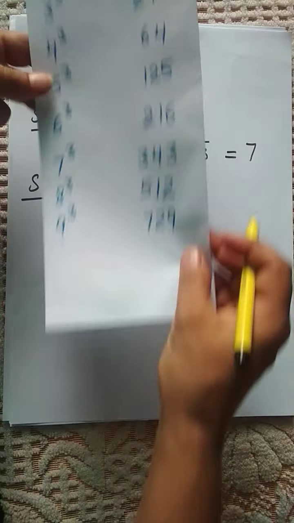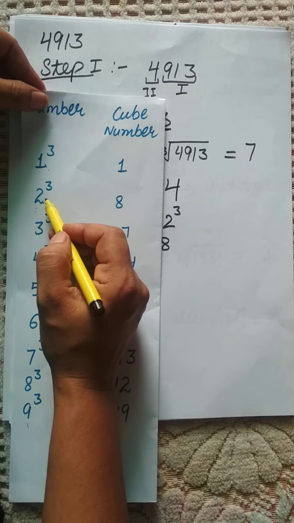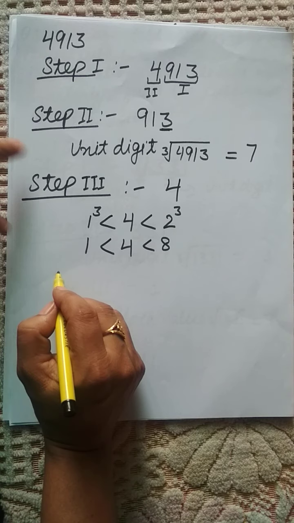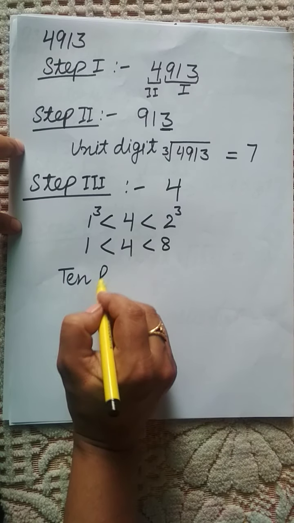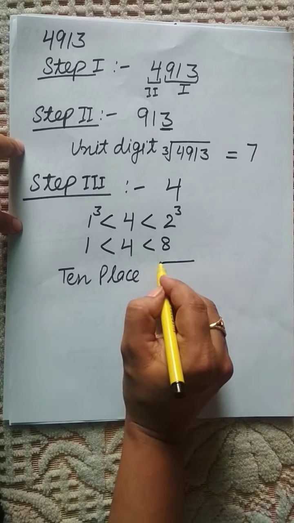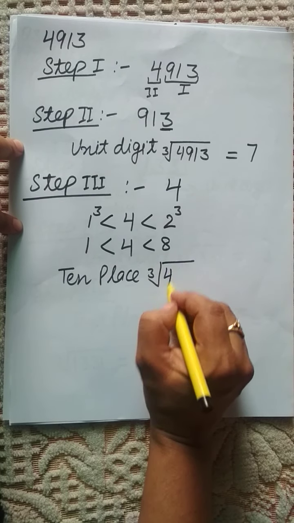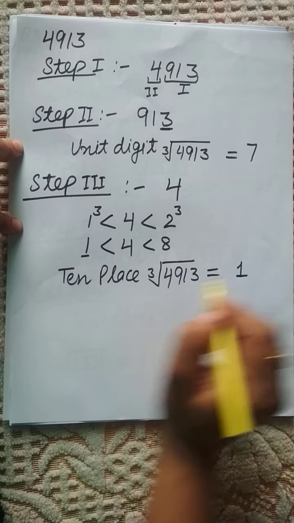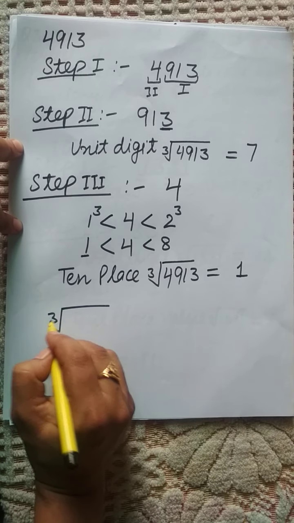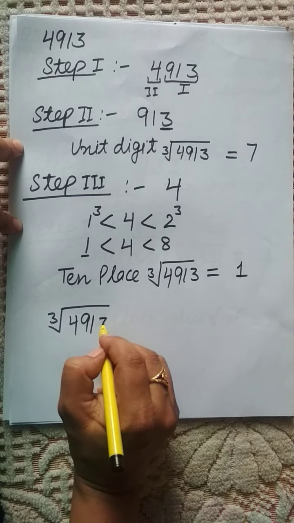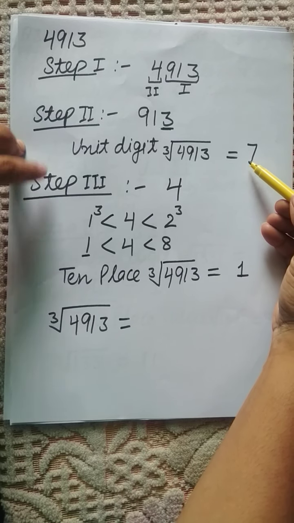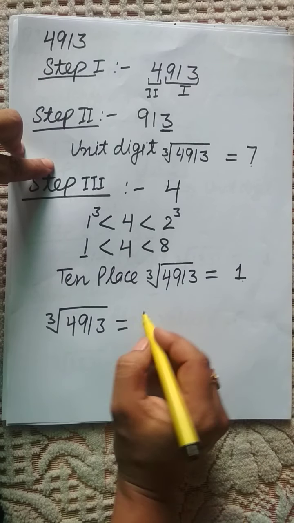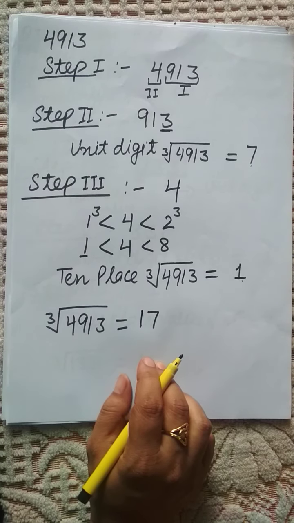So 4 is lying between the cube of 1 and cube of 2. So I will take the smaller number. That is, the tens place value of cube root of 4913 will be the smaller one, that is 1. So we can say that cube root of 4913 is equal to unit digit is 7, tens place is 1. So the answer is 17.